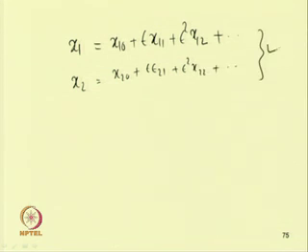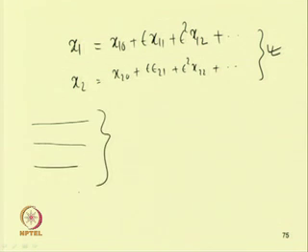Now substituting this in the original equation and separating the terms of the order of epsilon to the power 0, epsilon to the power 1 and 2, we can get a set of equations. From these equations we can get the reduced equations.